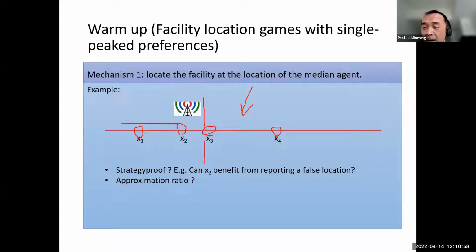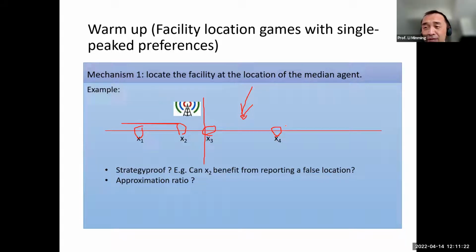When you evaluate the total cost, you add up the distances to the two partners in the same group. For example, x1 and x4: their total distance towards the facility will be at least the distance from x1 to x4. It cannot be smaller.